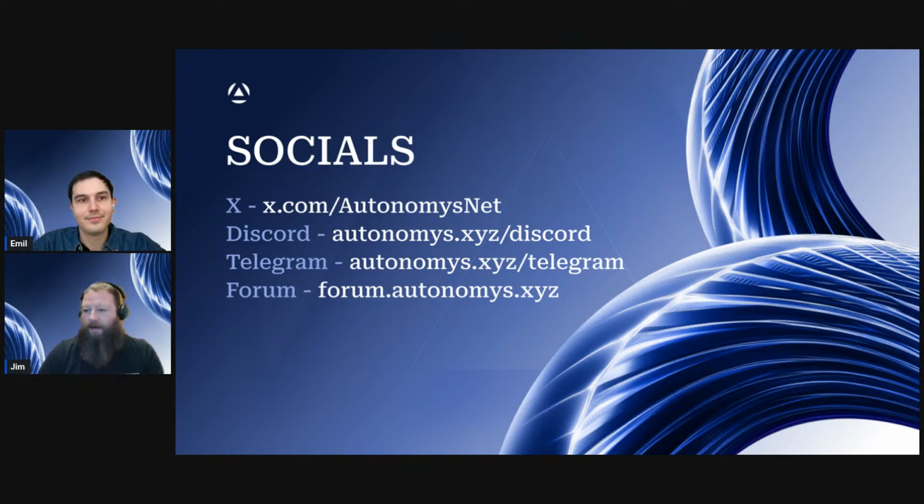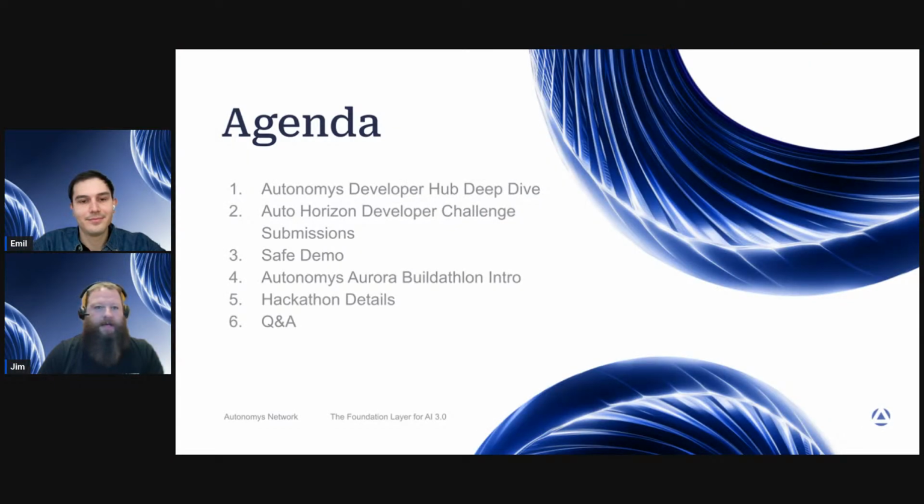Okay, here's what we have planned for today. First up, we have the Developer Hub Deep Dive. We introduced it last week, but we're going to take a closer look at the new and improved docs for builders today. We're also going to have an Auto Horizon submissions overview, which is just going to be a quick review of the amazing submissions we've had.